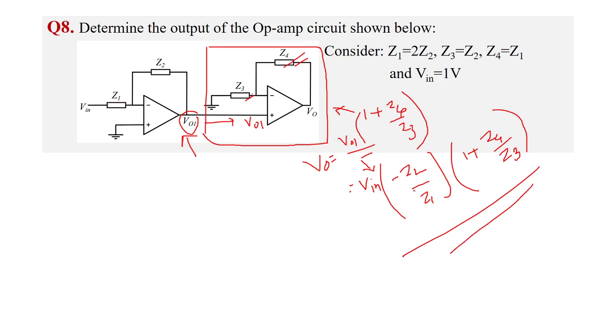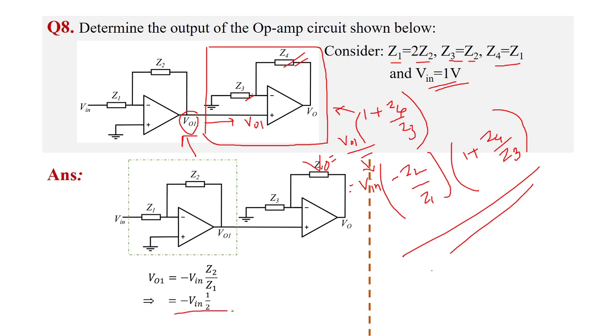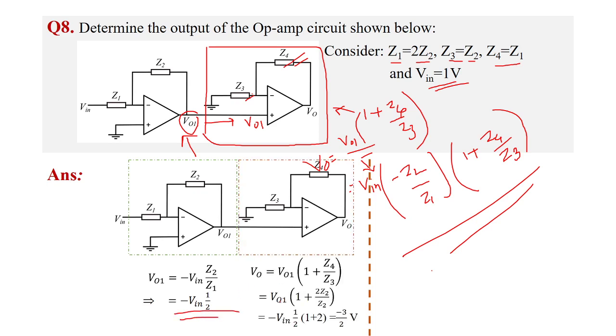We just need to substitute each value: it has been given to consider Z1 equal to Z2, Z3 equal to Z2, Z4 equal to Z1. V0 is also given, so we'll get V0. That's what we have done here. Initially I found V01, then V0, which is V01 into this term. On substituting this, we will get minus 3 by 2 volt.